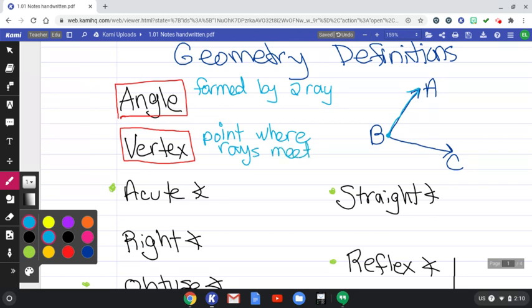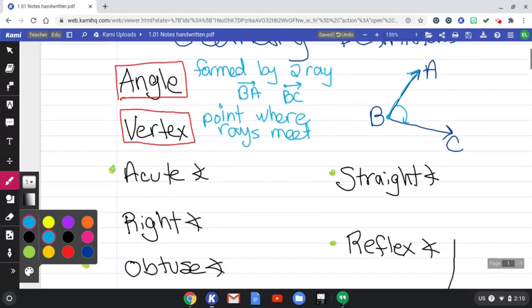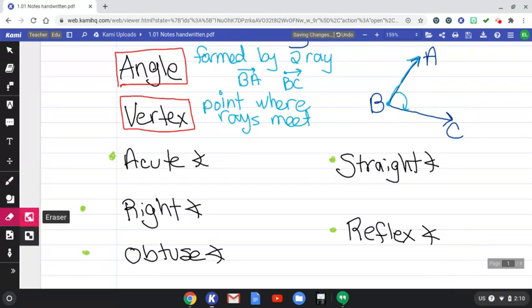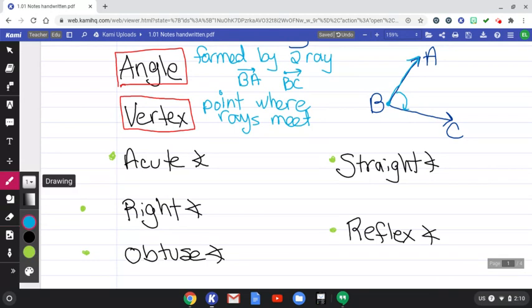If we were to name this, we have ray BA, if you remember this notation from middle school, and ray BC. And those form an opening. This opening we can classify as acute, right, obtuse, or straight. Looking at that angle, it measures a little bit less than 90 degrees.